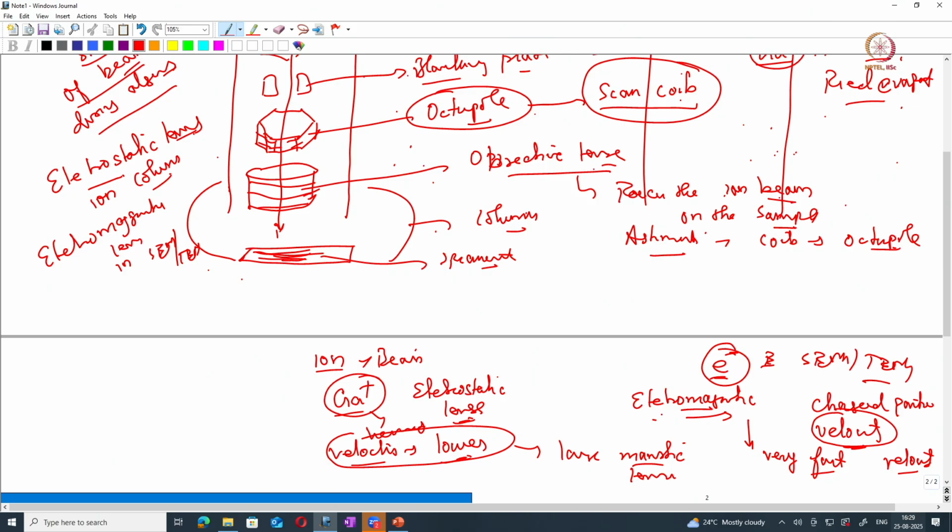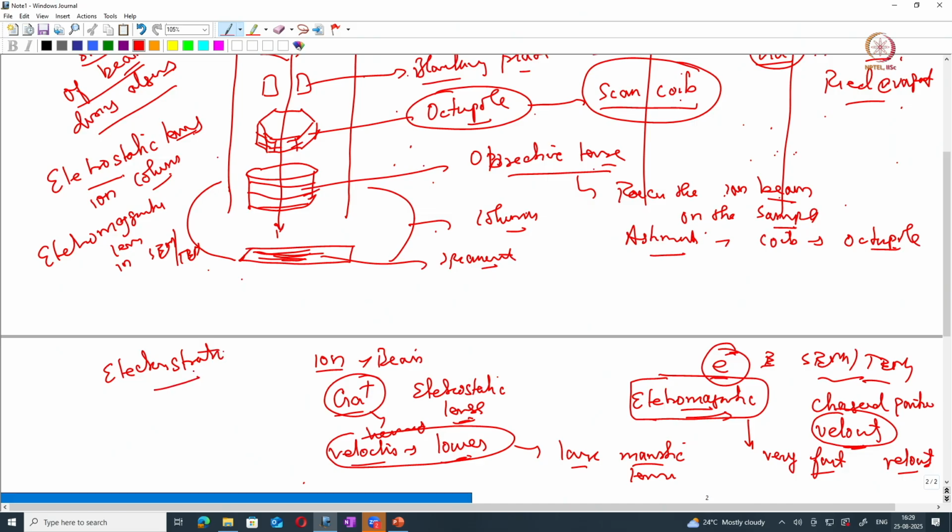So the focusing of electrons in TEM or SEM can be done by electromagnetic lens very easily. But in the ion beam, electromagnetic lens cannot be used because their velocities are much lower, so they need very large magnetic lenses. That's why you are using the electrostatic lenses.